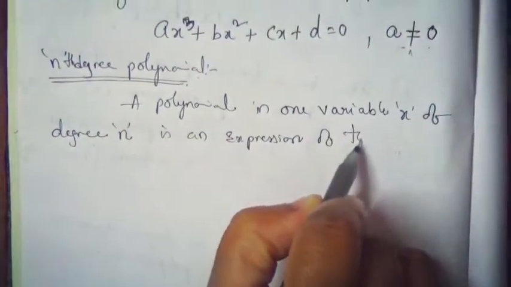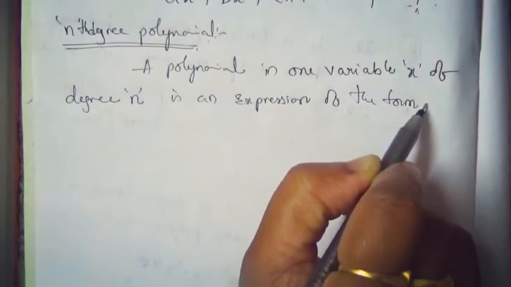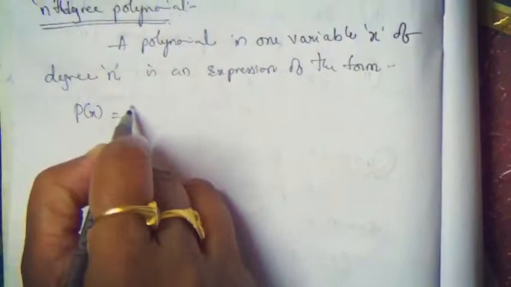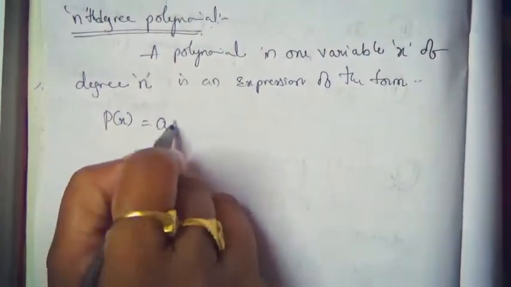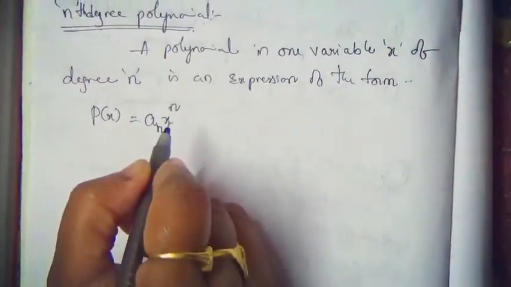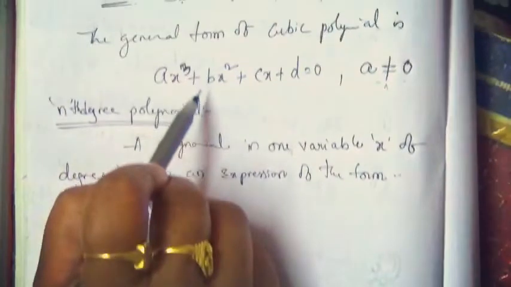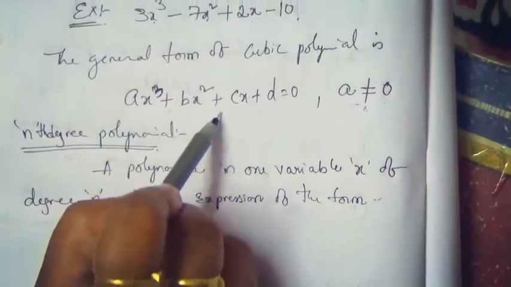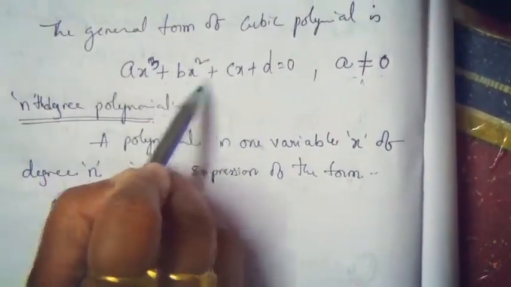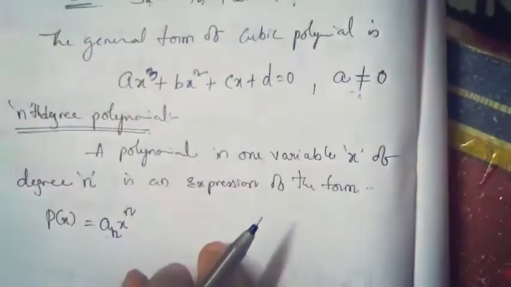of the form p of x is equal to an x to the power of n. Here an is a constant, just like a, b, c, d we use in the general forms.